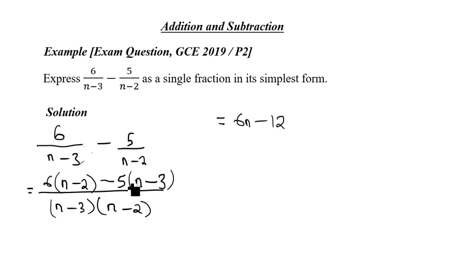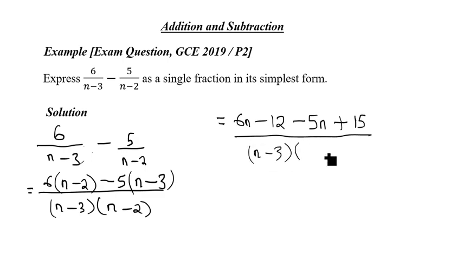Then we go to this one, negative 5 times n, this will give us negative 5n. Negative 5 times negative 3, this will give us positive what? 15. Remember that each time when you are multiplying two negative numbers, the sign changes. Negative 5 times negative 3, it will be positive 15. Then everything over the common denominator, which is n minus 3, you close, n minus 2, you close.